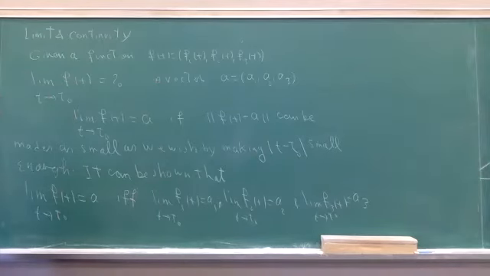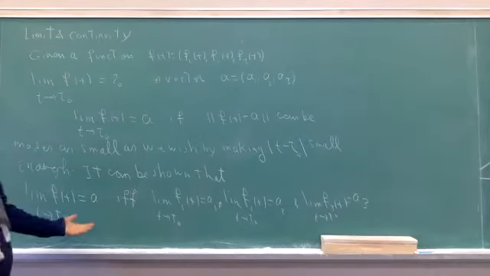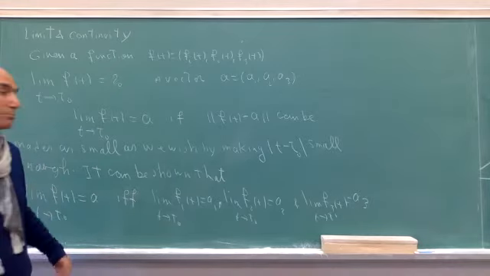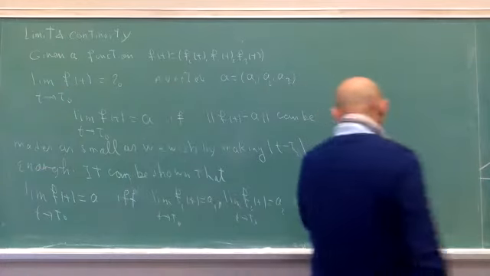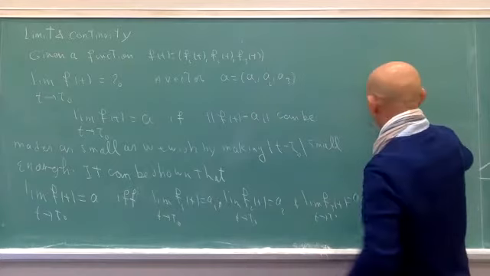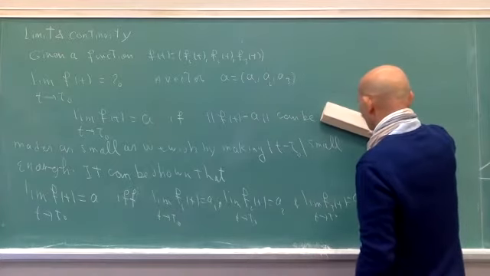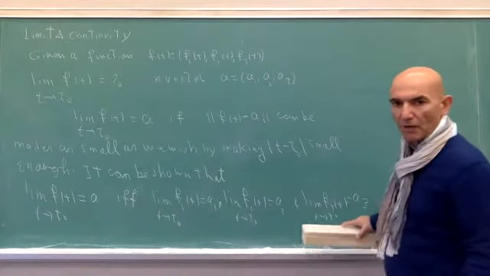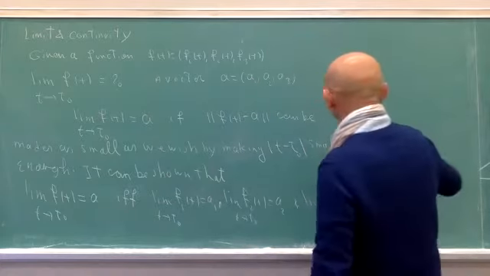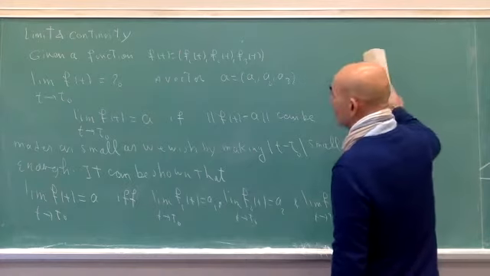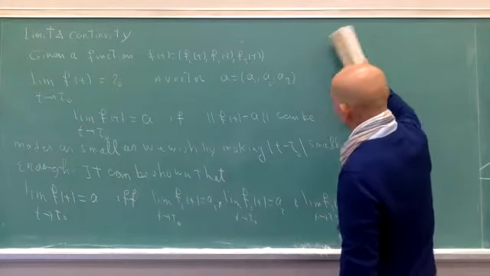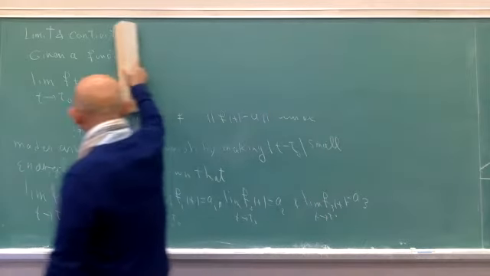Okay, and then because we understand the limit, now I can define continuity. We just say that this vector-valued function is continuous if the limits exist. So let me make a definition.